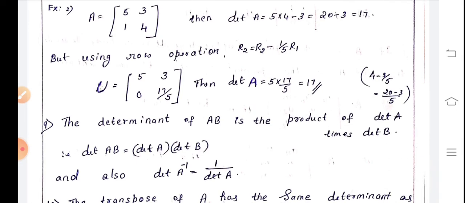Note that whenever we use a row operation, we are not multiplying a row by a scalar, because when we multiply a row by a scalar, the determinant value will change. But we can add a scalar multiple of one row to another row. Then the determinant value remains the same.